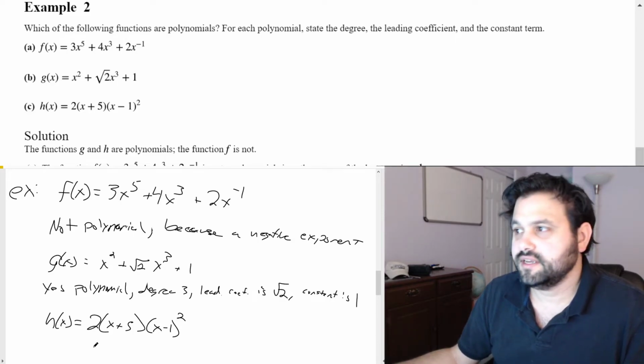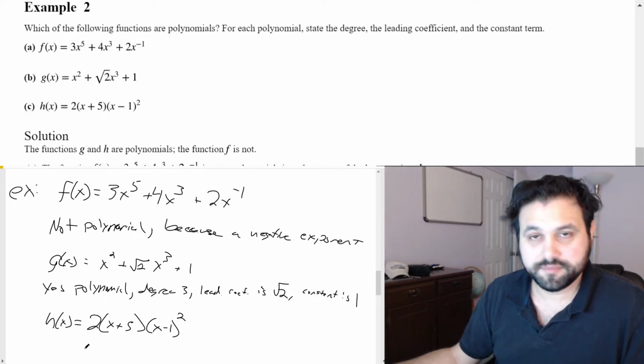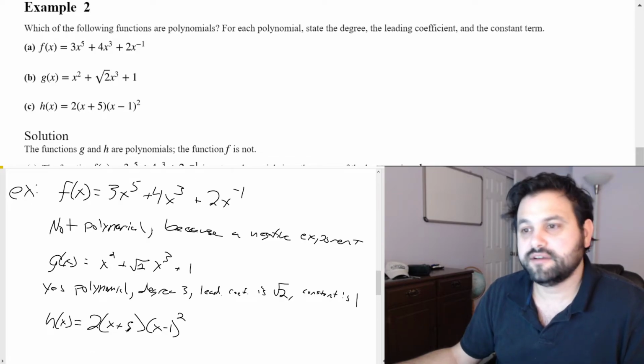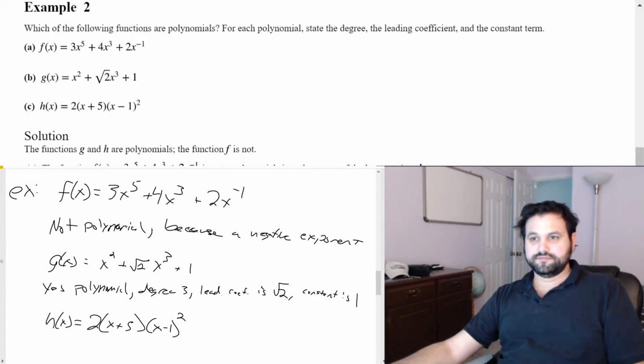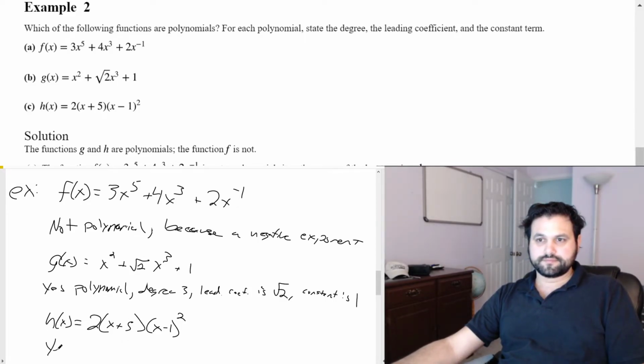This is written in factored form, which is going to be something we're going to be doing a lot of, and it can be helpful for a lot of things. This is a polynomial function. If you look again, we would only have positive exponents when we distribute all this out, and they'd still be whole numbers. So yes, it's polynomial.